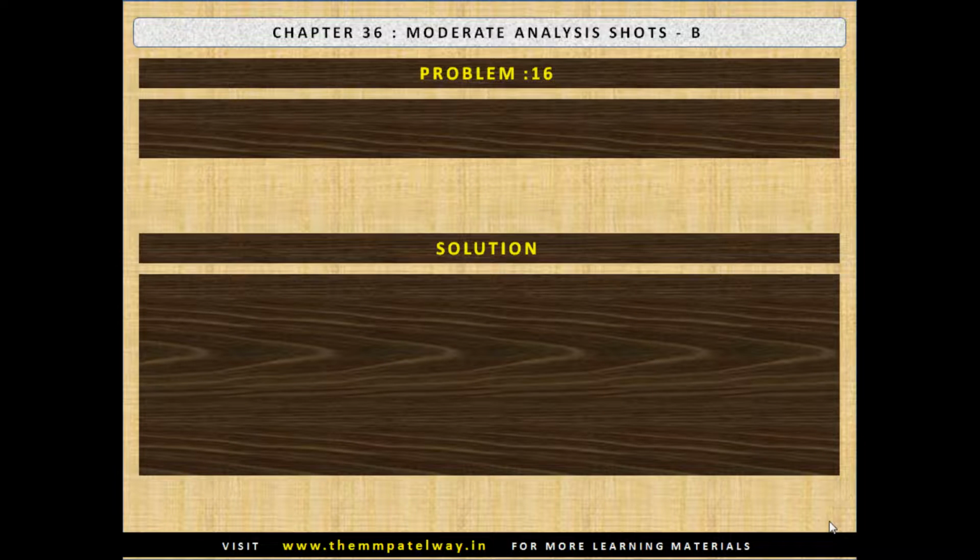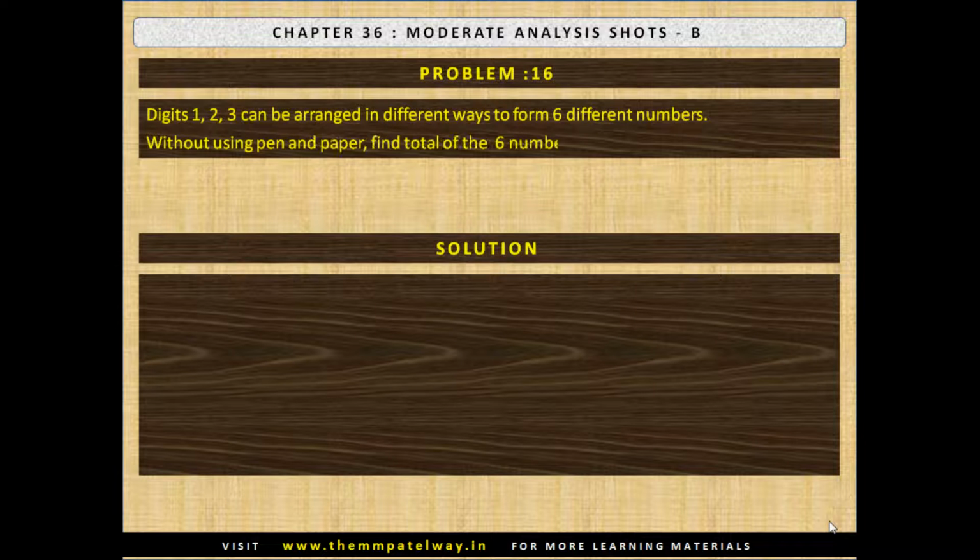Problem number 16. Digits 1, 2 and 3 can be arranged in different ways to form 6 different numbers. Without using pen and paper, find total of the 6 numbers. Now stop the video and solve the problem. The solution follows.